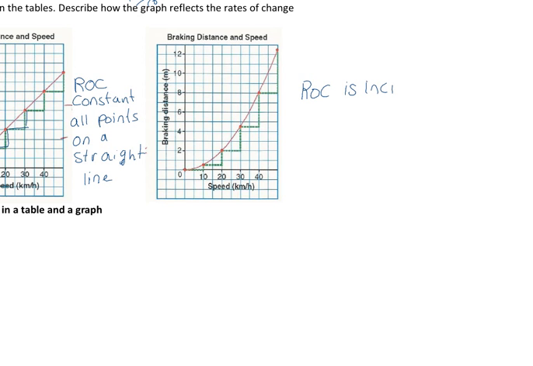You see how we said right here the ROC is constant, the rate of change is constant. In this case, the rate of change is increasing every 10 kilometers per hour interval.